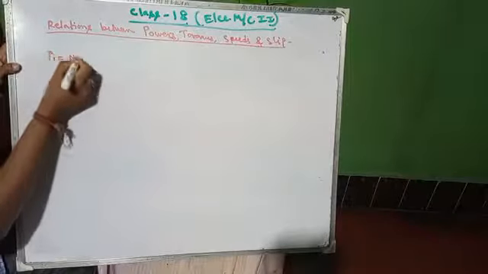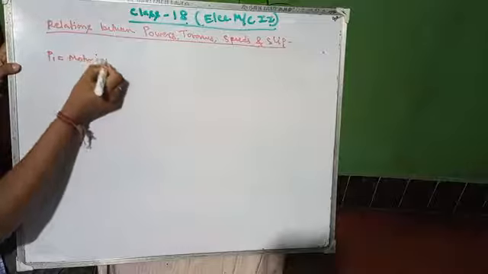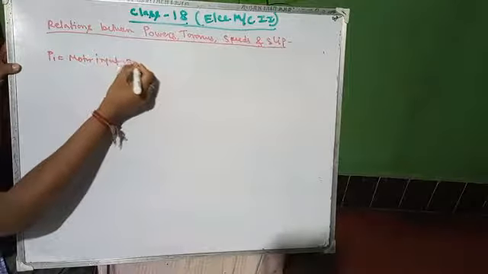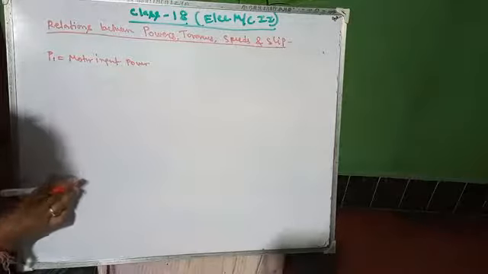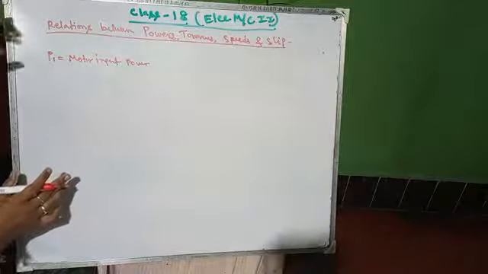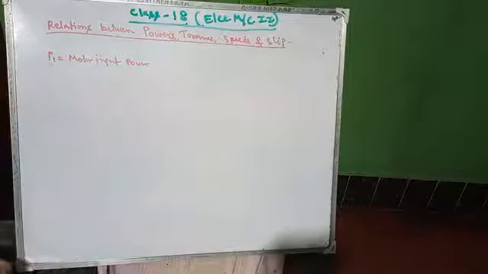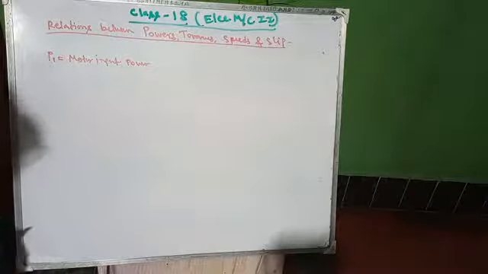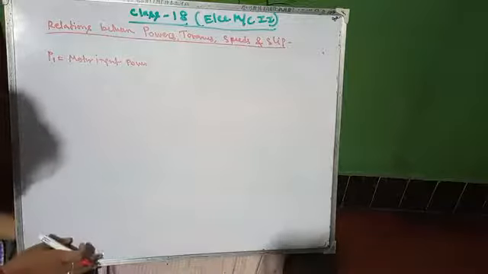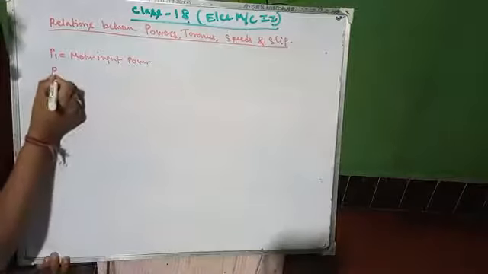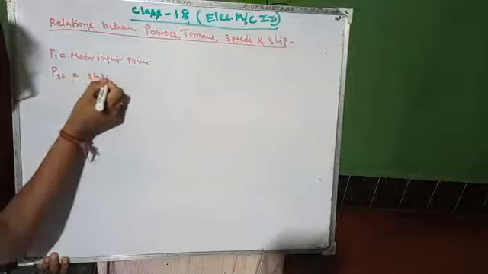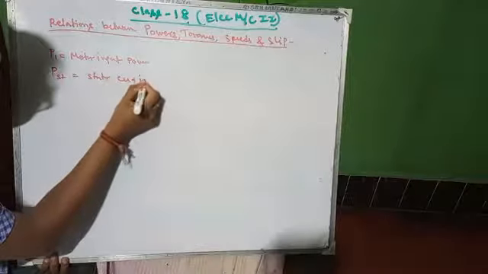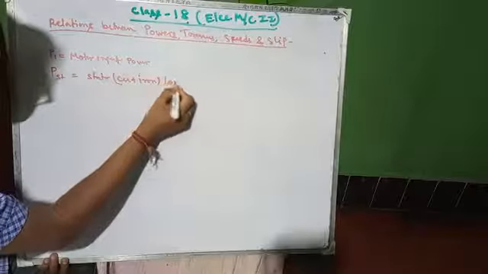P1 equals motor input power. Before starting the derivation, I would like to express the denotation first. P1, and now stator copper and iron loss, PST, stator copper plus iron loss, that is stator loss.